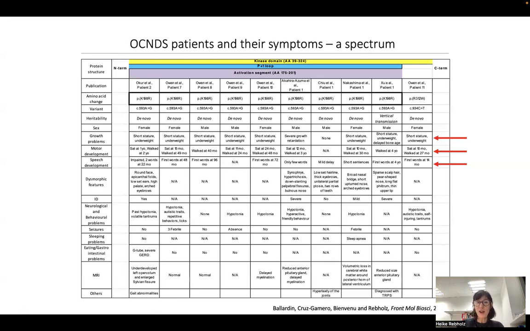But let me tell you that, of course, OCNDS is not different to other neurodevelopmental disorders. Other people who study other conditions have exactly the same findings, that we cannot define OCNDS by just one symptom profile, by saying this is how a patient must look and not in any other way. There's always this spectrum. This is a question that is posing itself to everybody who's researching neurodevelopmental disorders.